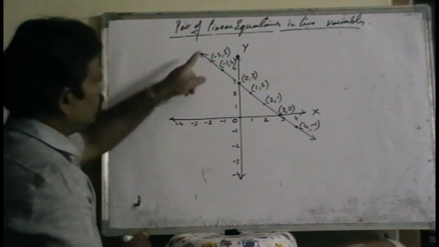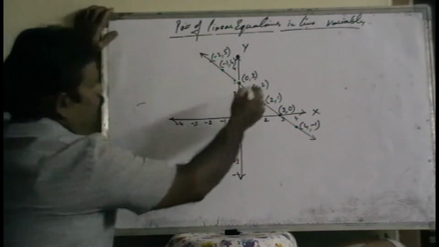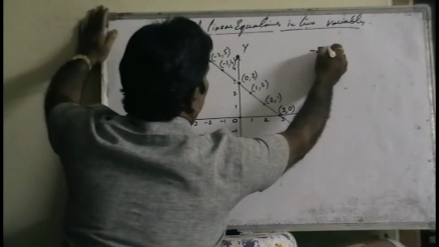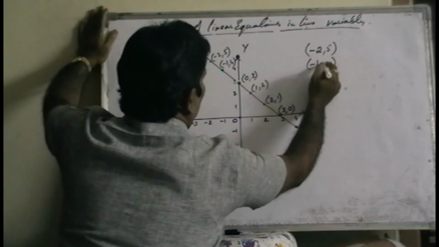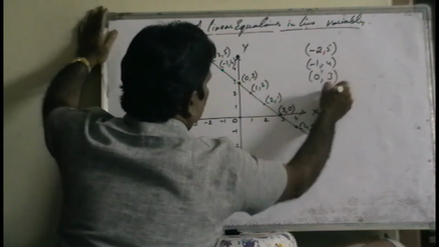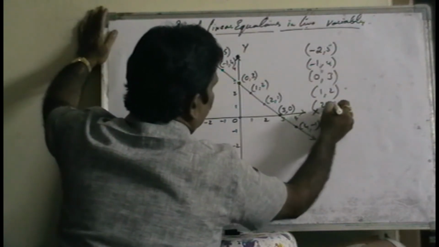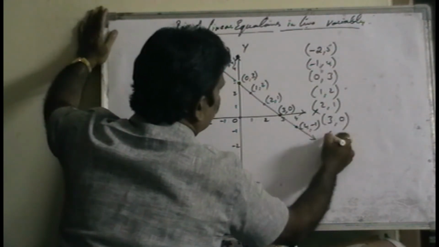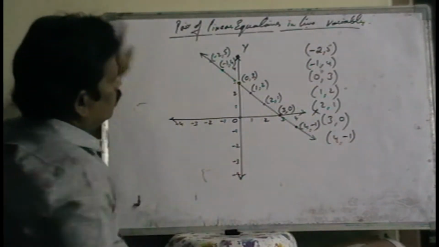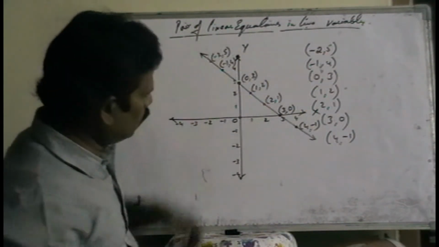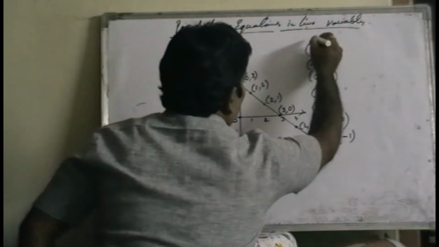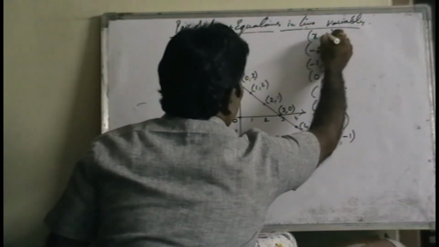Observe the points: minus 2 comma 5, minus 1 comma 4, 0 comma 3, 1 comma 2, 2 comma 1, 3 comma 0, 4 comma minus 1. These are all points on the given line, right? Every point is an ordered pair, general form x comma y.